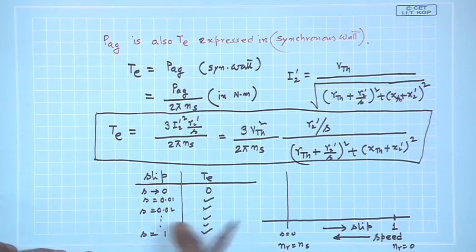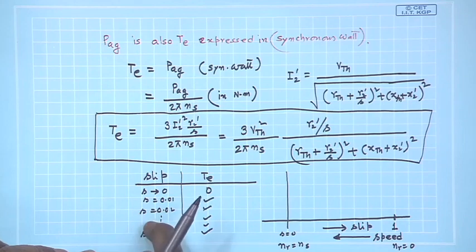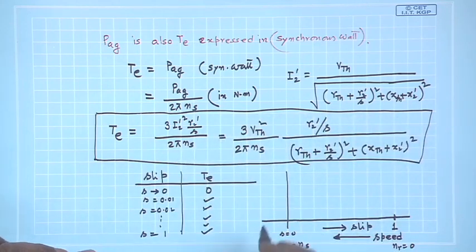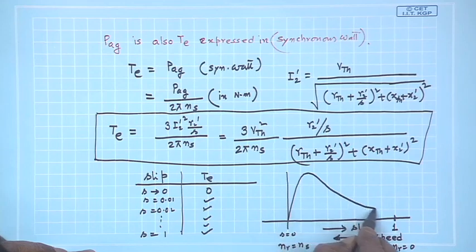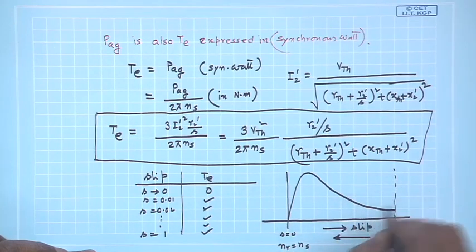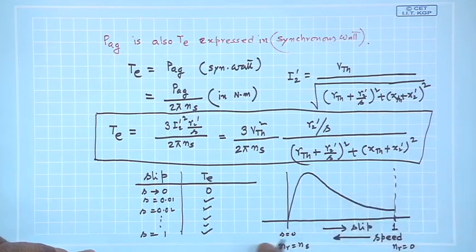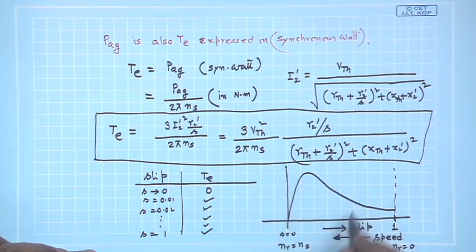Now, if you sketch this tabulated value of torque against slip, which I got from this expression, the typical curve will be somewhat like this. The slip varies between 0 to 1 for motoring mode.